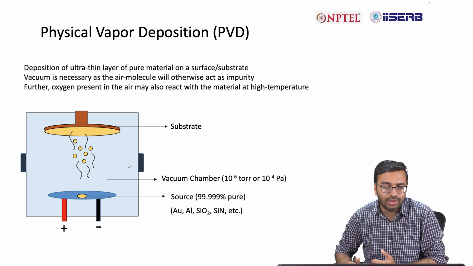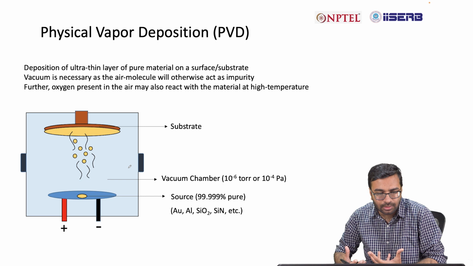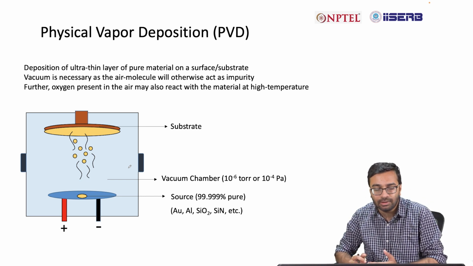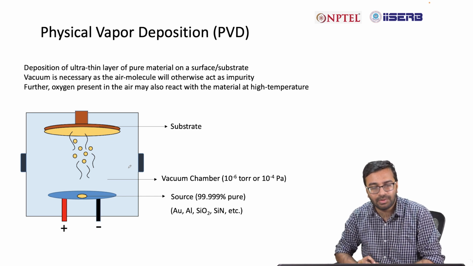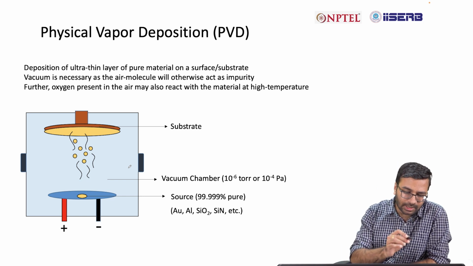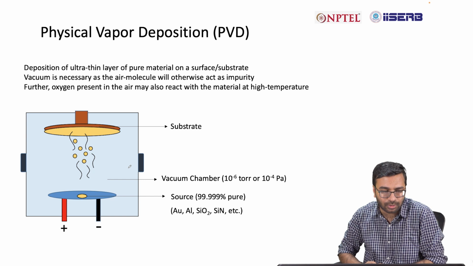Now, just to give you a bit more idea about how physical vapor deposition looks, we are not discussing the thermal or EVM at the moment. We are still on the basic details of PVD. This particular process is a kind of high vacuum process.